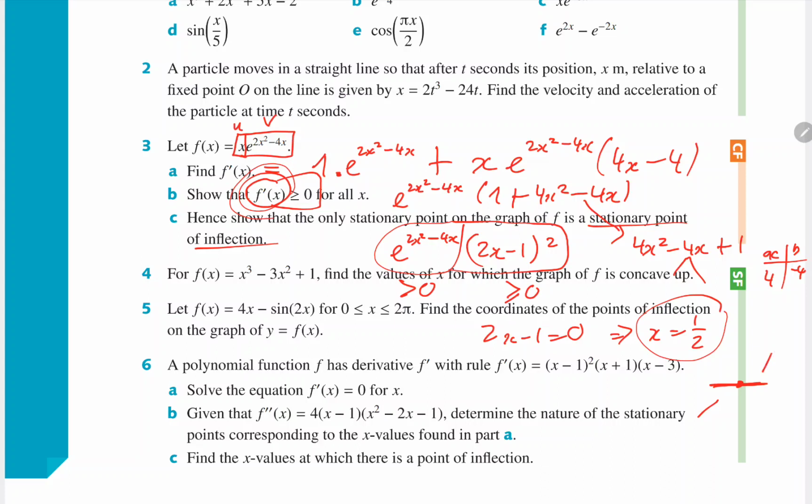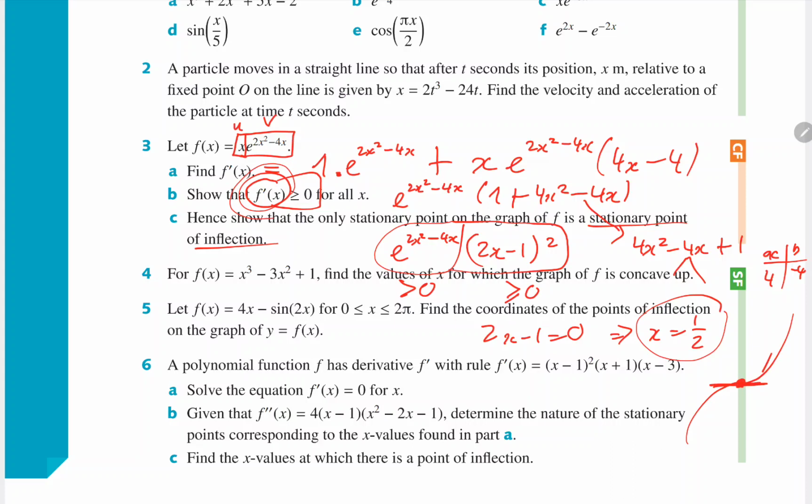Because we just proved in question B that the first derivative, aka the gradient function, is always positive or equal to 0. So that's the only stationary point, and before and after it the gradient must be positive. Therefore, that must be a stationary point of inflection.